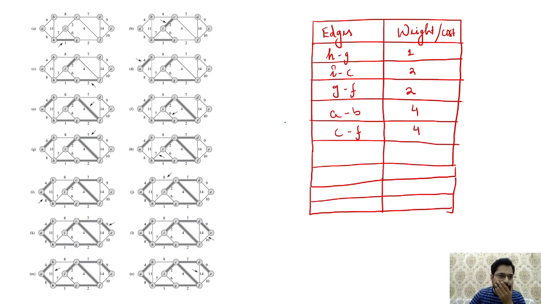Then 6 could be the next minimum; for 6 it's I to G. So the next minimum is 7: I to H is 7, C to D is also 7. Next is B to C, which is 8.